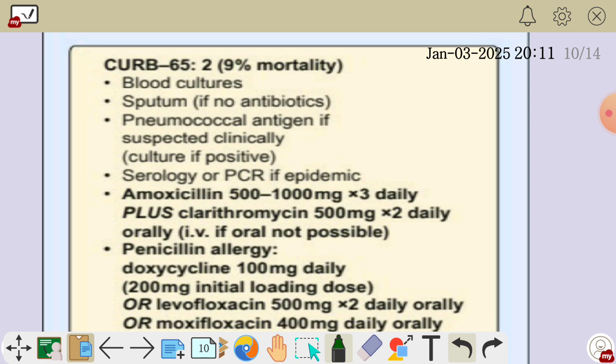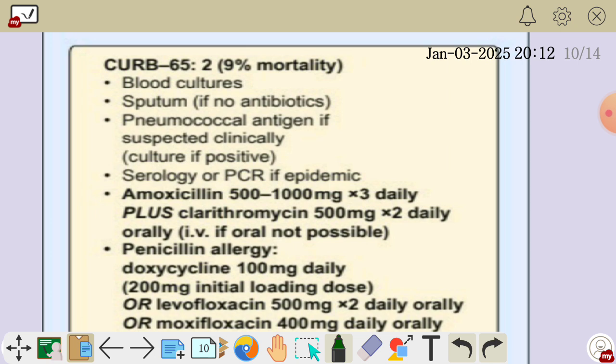Okay, so if the CURB-65 is 2, the risk is 9%, so a 9% mortality risk. And then here we need to do a blood culture, or sputum culture if no antibiotics have been given. Then we also do serology and PCR if we have an epidemic.